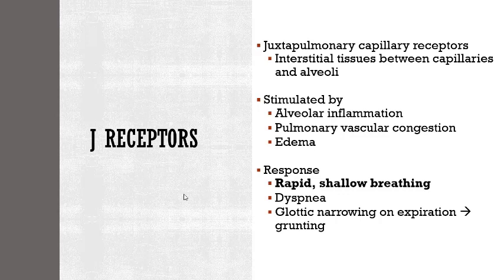Pulmonary vascular congestion, that's just a fancy way of saying that anything like pneumonias or exudate or anything, infection, anything that's kind of in the alveoli that doesn't belong in the alveoli, that's congesting it or blocking it. And then edema. So that can be edema caused by fluid, or that can be edema caused by, when we talked about blood can sometimes back up into the lungs. That's all going to be something that's going to stimulate these J receptors, these juxtapulmonary capillary receptors.